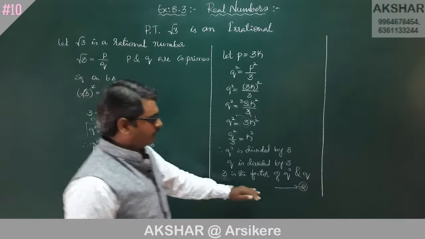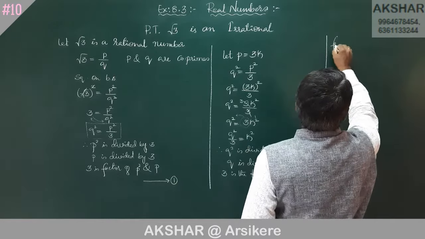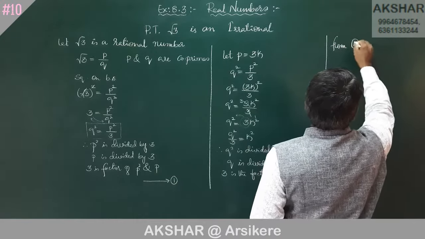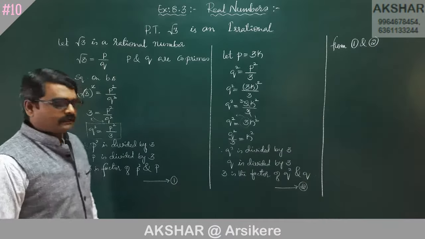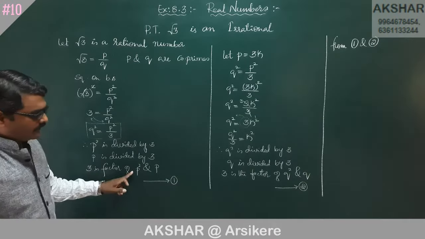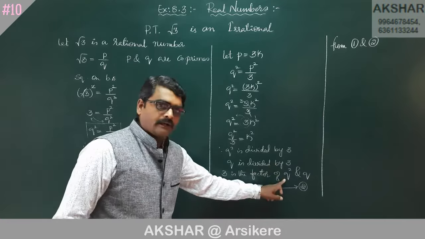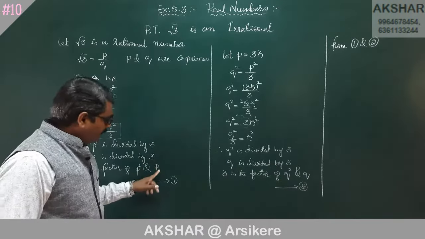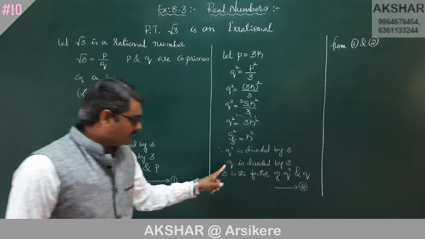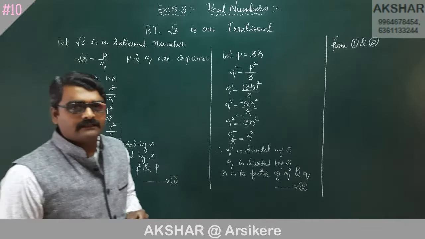From statement 1 and 2, observe here, p square and q square having 3 as a factor, p and q are also having 3 as a factor.